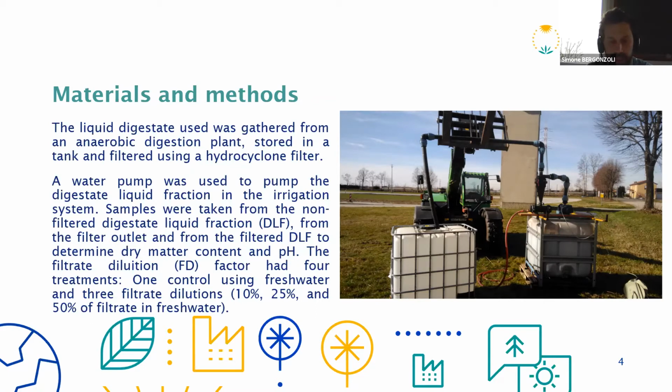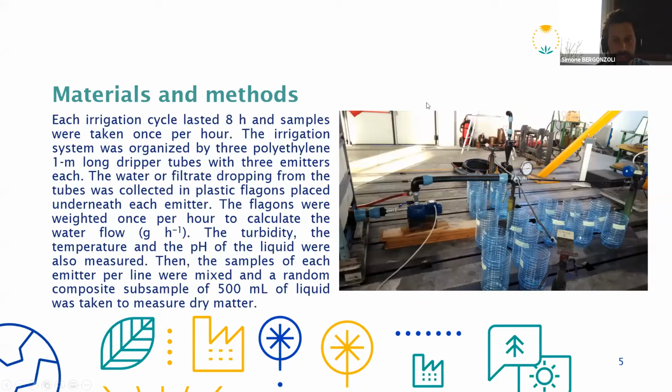Then we use it for irrigation. We had 4 treatments: the control using only water, and then 3 filtrate dilutions at 10%, 25%, and 50% of filtrate in fresh water. During the irrigation, we take samples of the liquid to control the dry matter content, pH, turbidity, and then the total liquid irrigated.